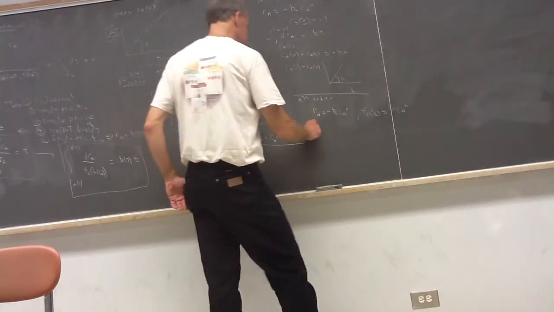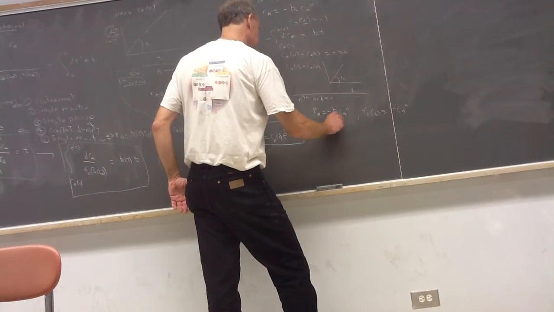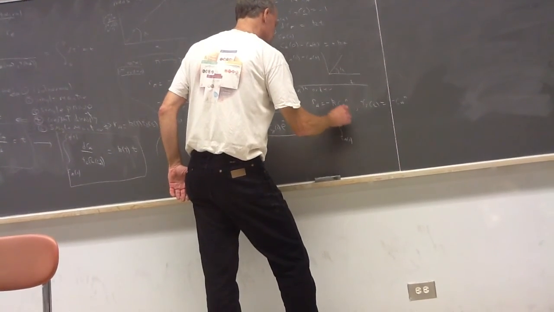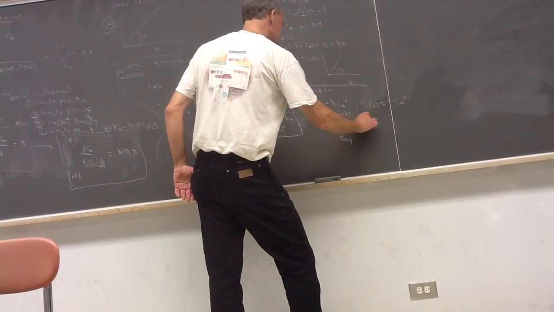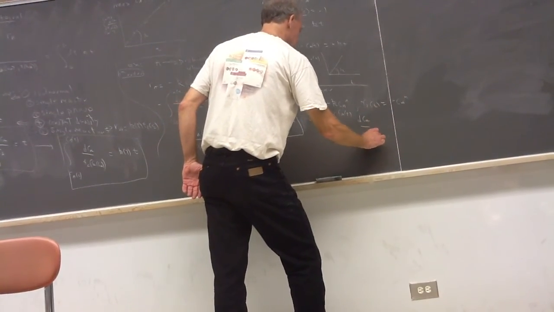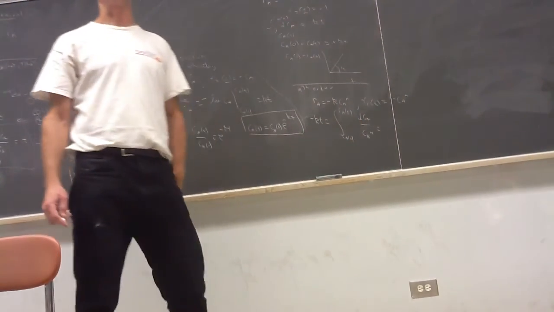So I have minus Kt is equal to the integral from Ca of 0 to Ca of t of dCa over Ca to the n.